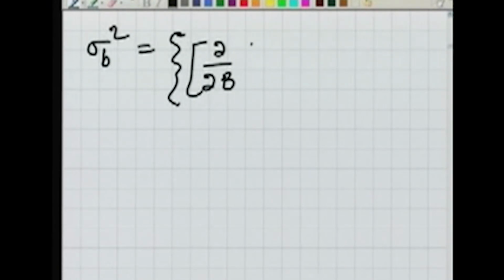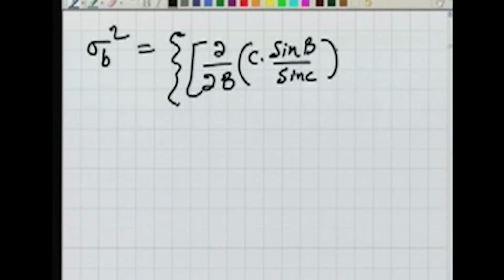Now the function is C sine B by sine C, and square of this, multiplied by sigma B square.